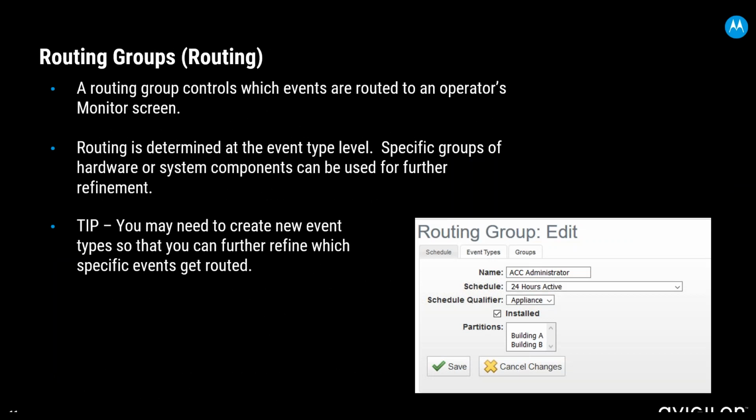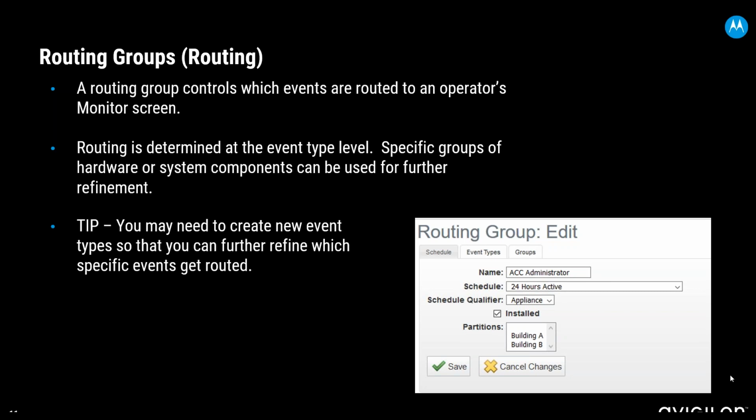So another component of roles is the routing groups. And it's indicated as routing. And routing groups control which events are routed to an operator's monitor screen. So something to keep in mind when you set up routing groups. Routing is determined at the event type level.